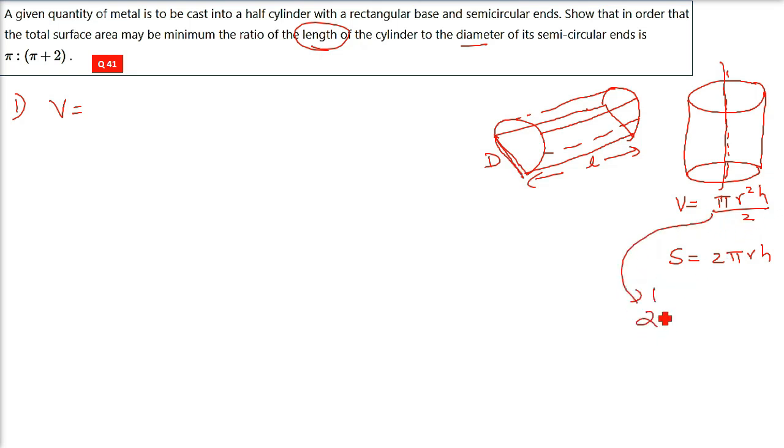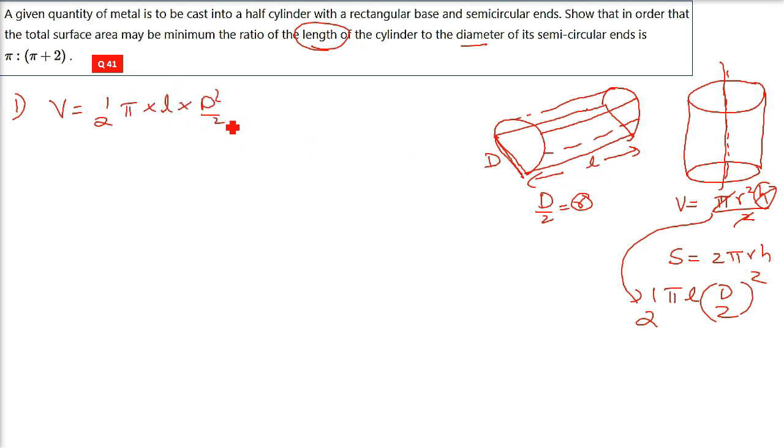What is the volume? Half of it. Once you cut it in half, it will be pi r square h by 2. And this h you are going to take as L. What is r? R is d by 2. Radius is half of the diameter, or diameter is twice the radius. So volume becomes half pi into L into d by 2 whole square.